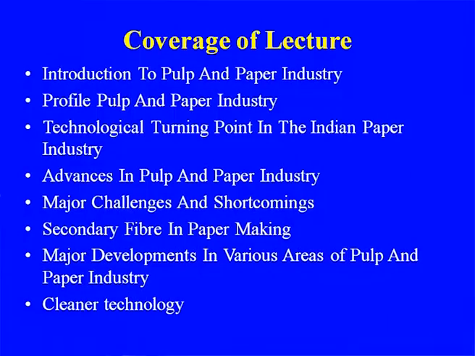This is about, in more detail, introduction to pulp and paper industry, profile of pulp and paper industry, technological turning point in the Indian paper industry, advances in the pulp and paper industry, major challenges and shortcomings, secondary fiber in making of the paper, because secondary fiber has become very important, secondary fiber is the waste paper, major developments in the various areas of the pulp and paper industry, and the cleaner technology in the paper industry.